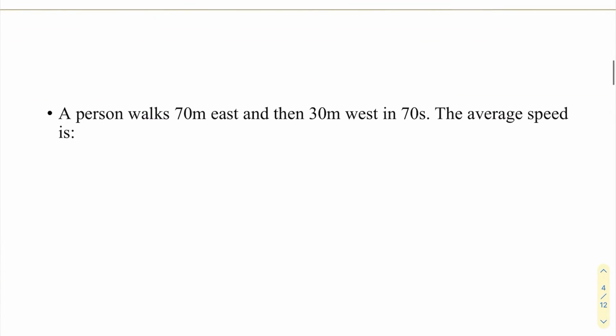So let's have a look at this example. A person walks 70 meters east and then 30 meters west in 70 seconds. The average speed is, so in this case, I just simply write down the formula of speed. Total distance over time.